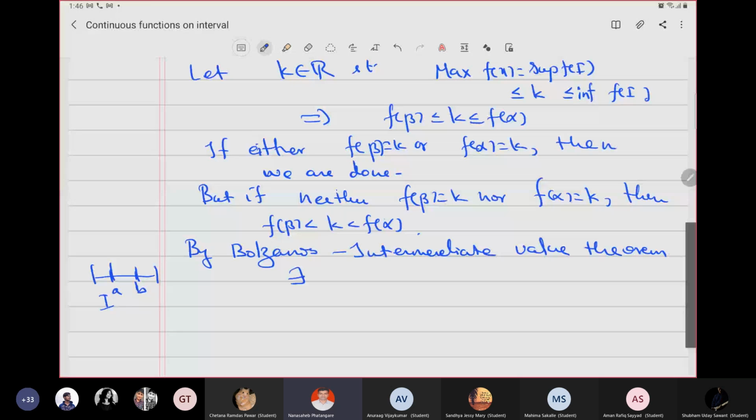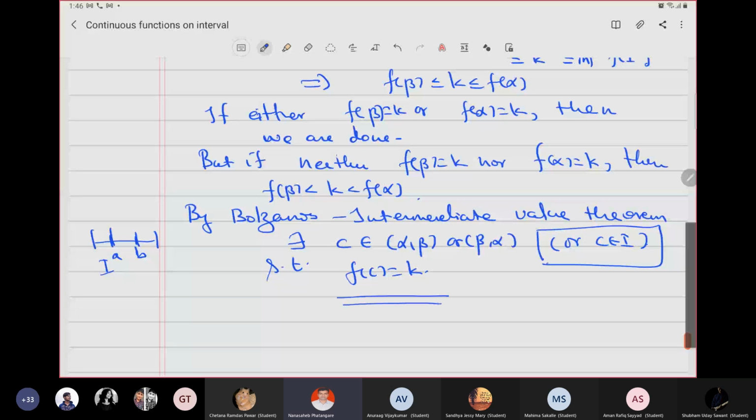So there exists c belonging to I, or between alpha and beta, whichever is smaller, or c belongs to I, same thing, such that f of c is equal to k.